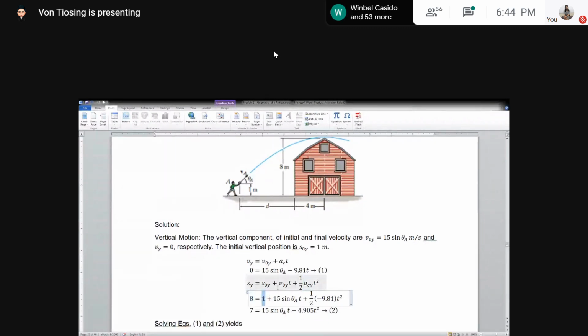Initial displacement is 1 plus V naught Y na 15 sine of theta A times T. And then minus 9.81 over 2 T squared. 8 minus 1 is 7, no? Okay, so ito yung ating magiging equation number 2.